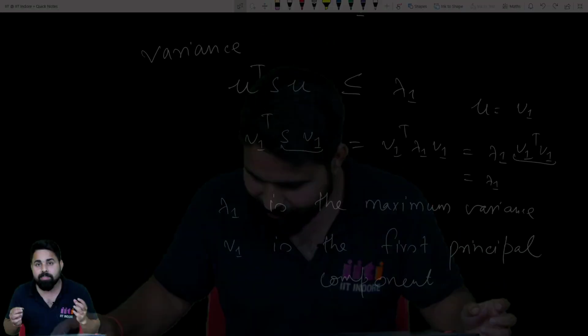Remember, we want the second best variance, then the third best variance, and we also want these principal components to be orthogonal to each other, so that we can represent our data points in those new directions very nicely. So let us find the other principal components.